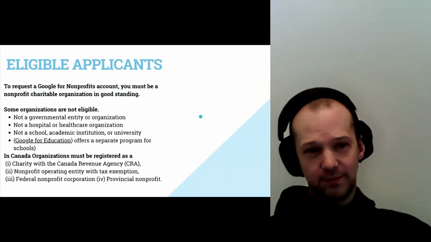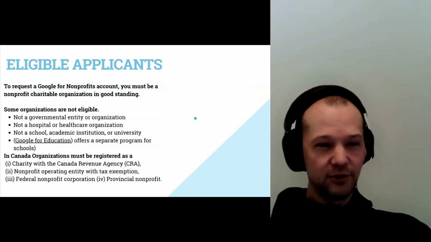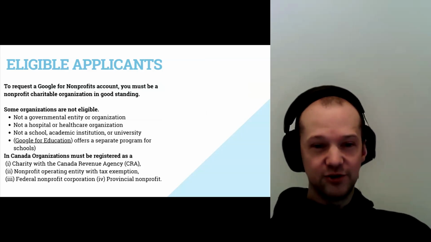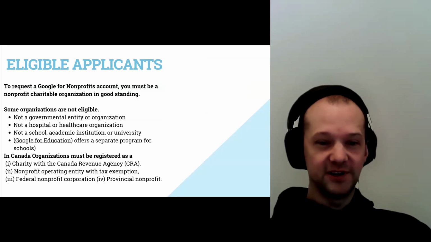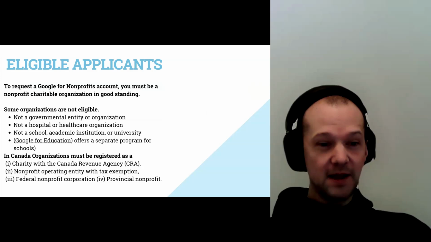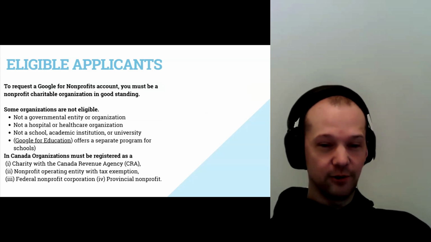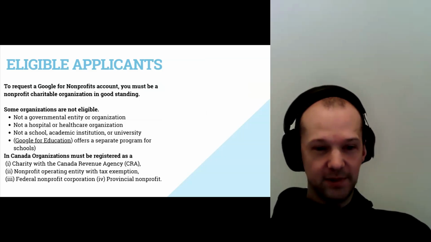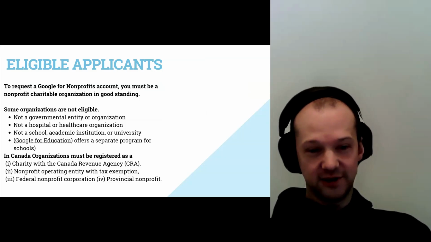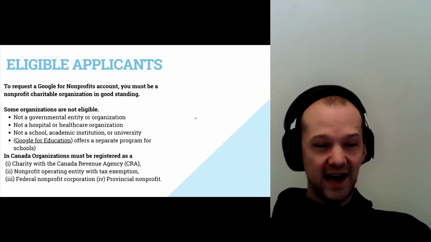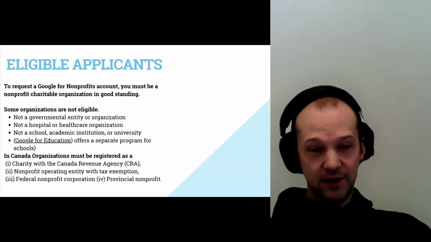Okay, first step is eligible applicants. To request a Google for Nonprofits account, you must be a nonprofit charitable organization in good standing. Some organizations are not eligible. For example, you can't be a government entity or organization. You can't be a hospital or healthcare organization. You can't be a school, academic institution, or university.